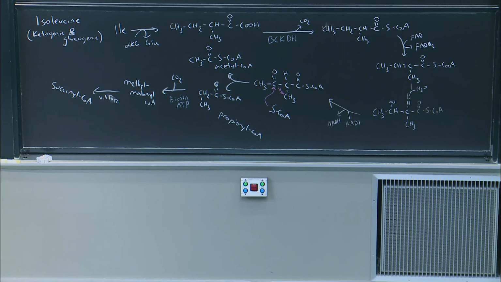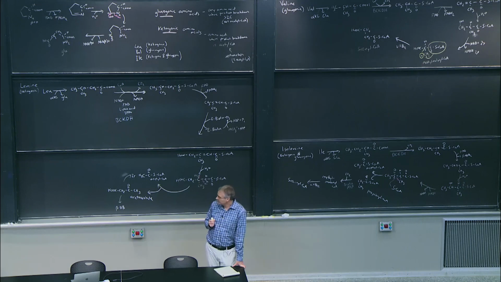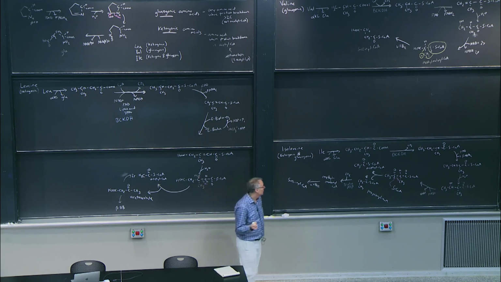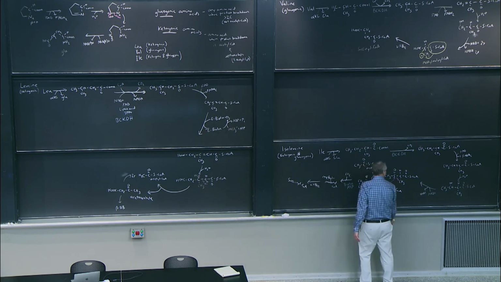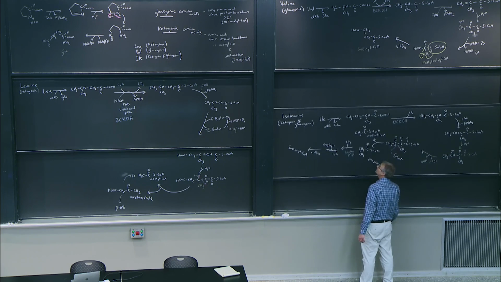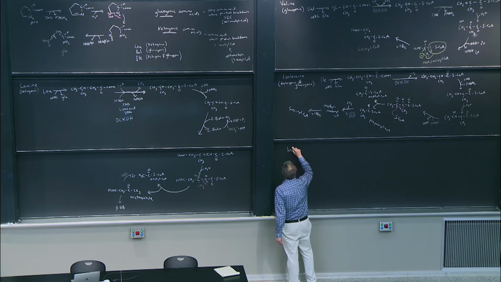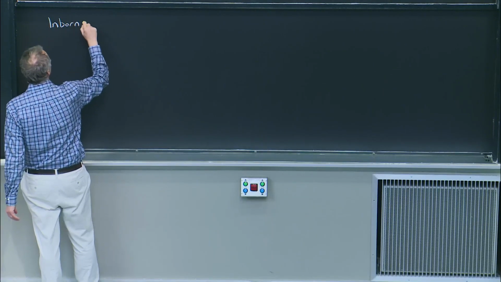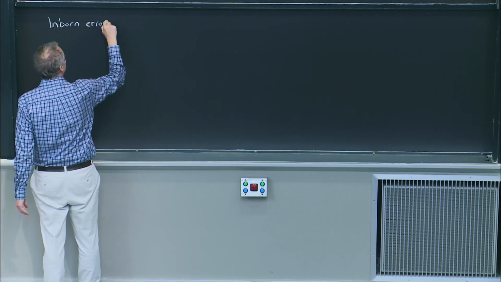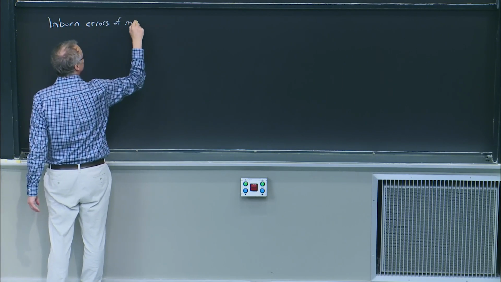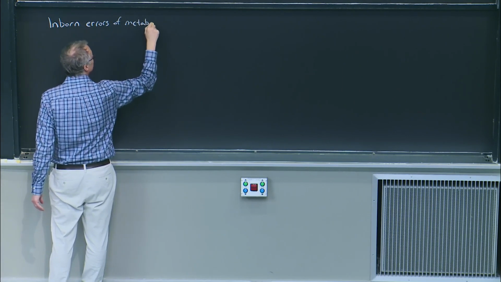All right. Now, going through branched chain amino acid metabolism also allows transition into a discussion of another topic, which are the so-called inborn errors of metabolism.